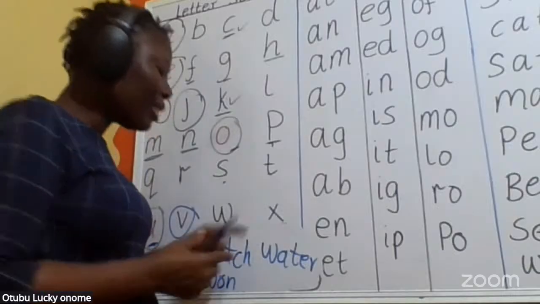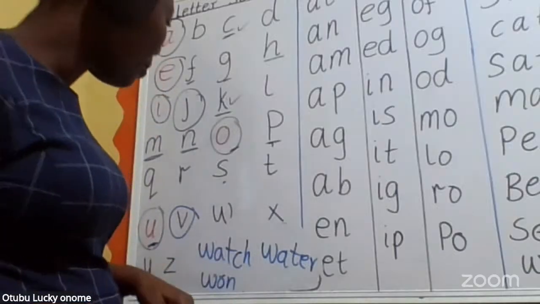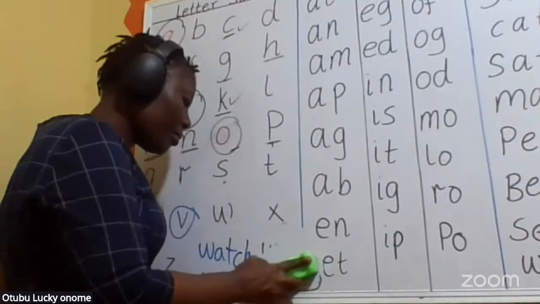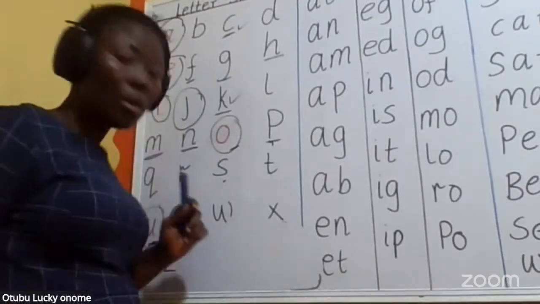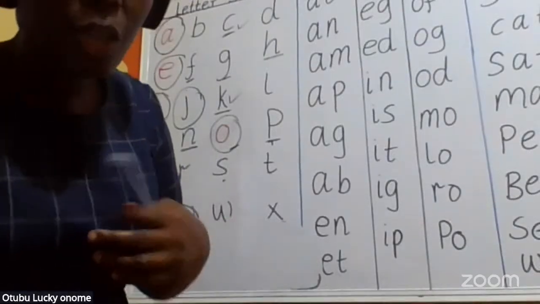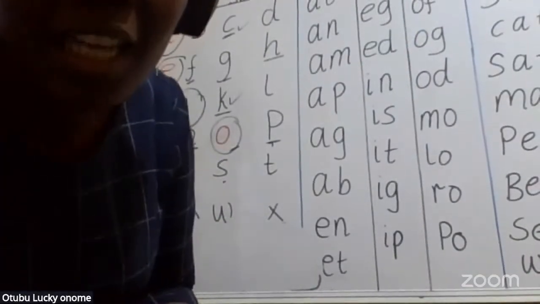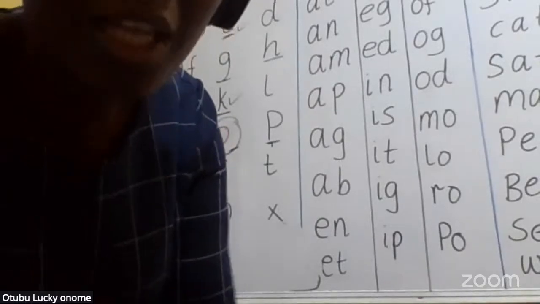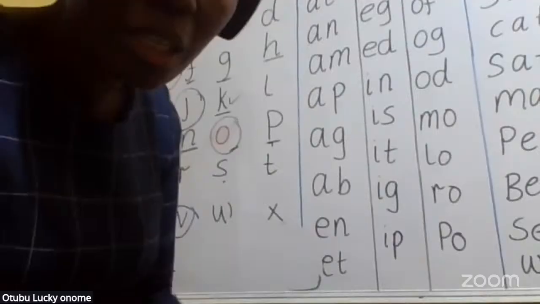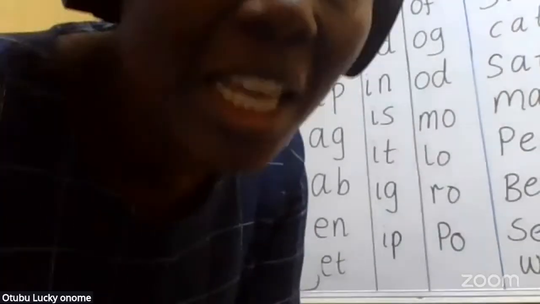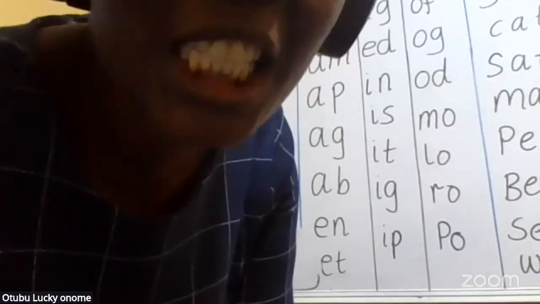Then the next one we have is x. For you to say it, you just release the air. It's as if you are saying kiss, but the first sound in kiss, k, is not there. You say x.